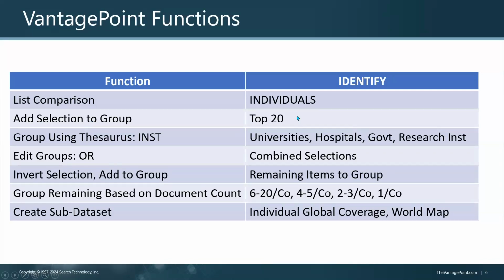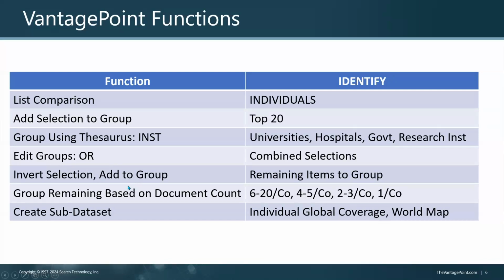We're going to be using a thesaurus that I quickly built to identify universities, hospitals, research institutions, basically non-company entities. We're going to use the edit groups capability, where we're going to combine different groups and information to help us understand what we've identified and what we need to identify further.